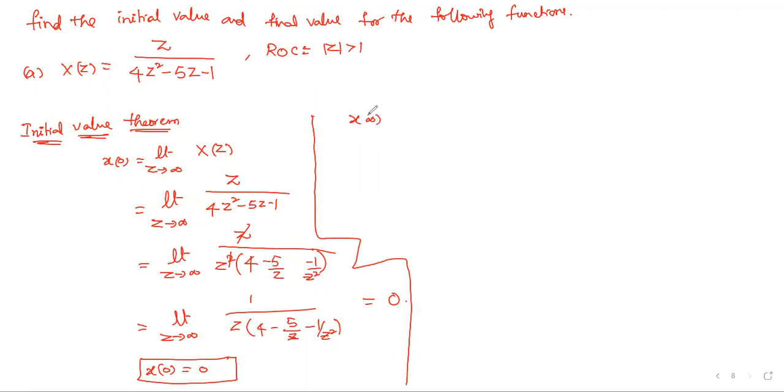X of infinity is equal to limit z tending to 1, z minus 1 into x of z, which is z divided by 4z square minus 5z minus 1. This z minus 1 term you need to eliminate, otherwise on z tending to 1 it will become 0 and the final value also will become 0. In any way, you need to eliminate this z minus 1.